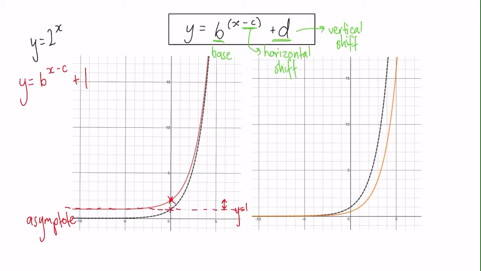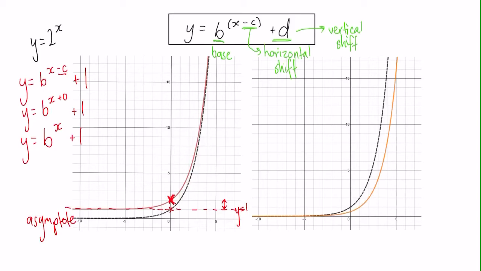We can see that on our new graph, our red one, it's up there, and it hasn't shifted to the left or the right at all. There's only been vertical shift for this graph. So that minus c up there is actually 0. There's nothing happened there. So I could actually just write it b to the power of x plus 1. So I'm not adding or subtracting anything in the power.